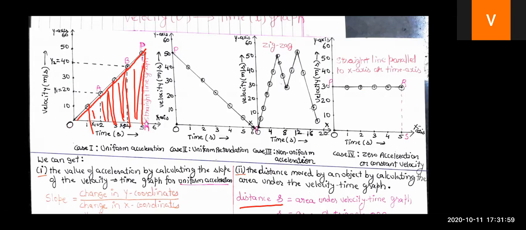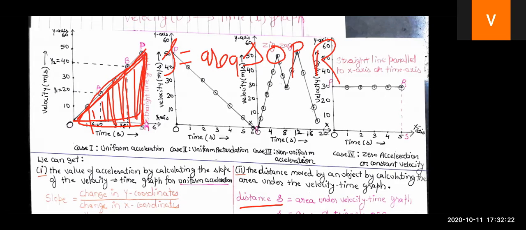If we see this carefully, children, this is a triangle OPR. So distance, symbol S, equals the area under the graph.